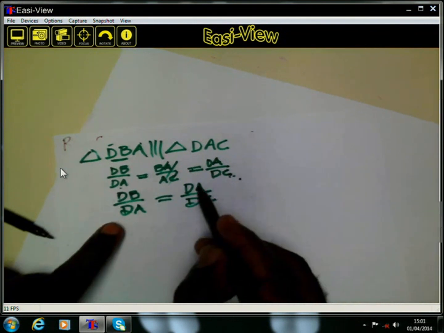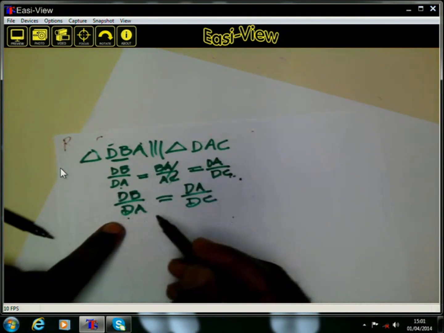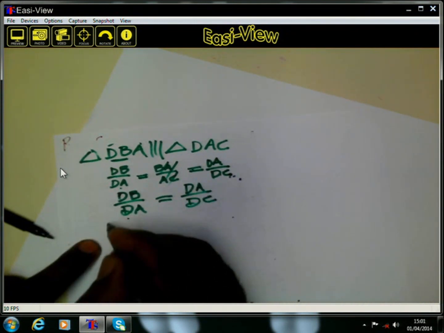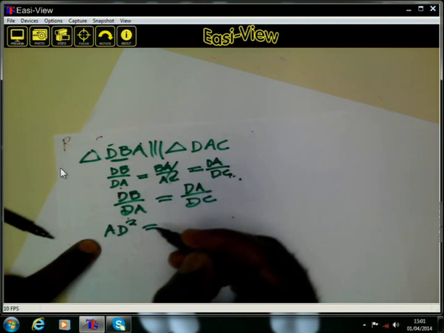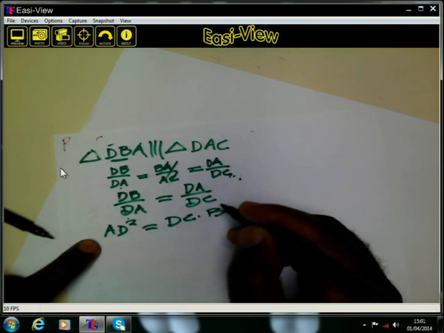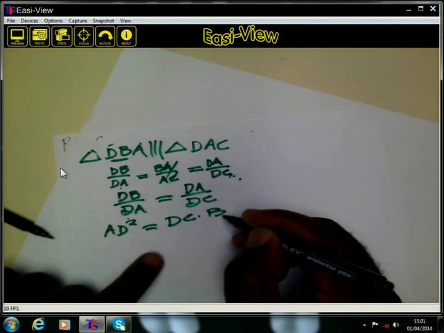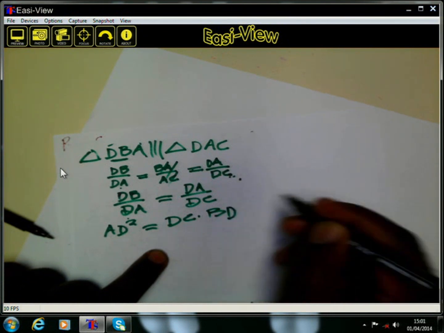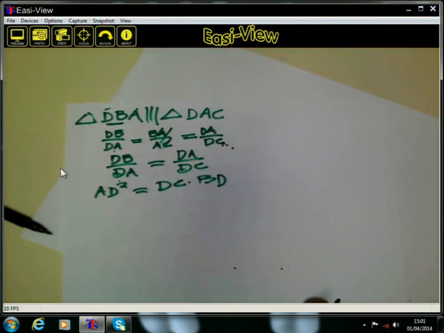So that now it allows me to have my cross multiplication, wherein now I'm going to have AD squared, which is now going to be equals to DC multiplied by BD. Now these are the conclusions that I've had, guys.